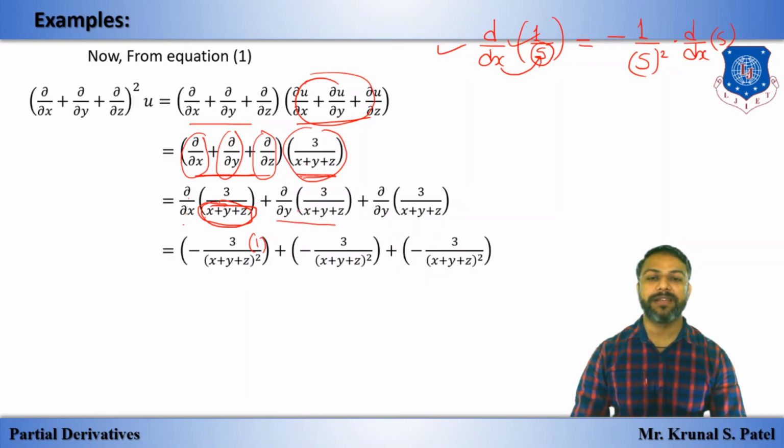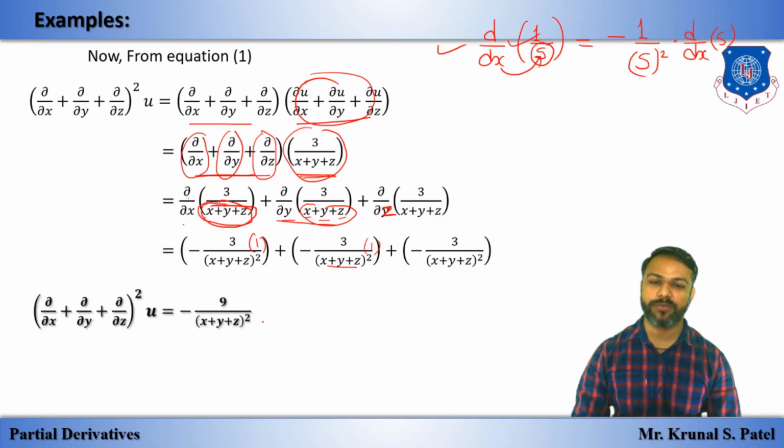Del by del y of 3 upon this something is minus 3 upon something whole square, into the derivative of something with respect to y, so 0 plus 1 plus 0, so only 1. And same, sorry, by printing mistake, del by del z of 3 upon this will be minus 3 upon x plus y plus z whole square into 1. Now all these three terms are the same, so minus 3 minus 3 minus 3 is minus 9 upon x plus y plus z whole square, which is our final right hand side.